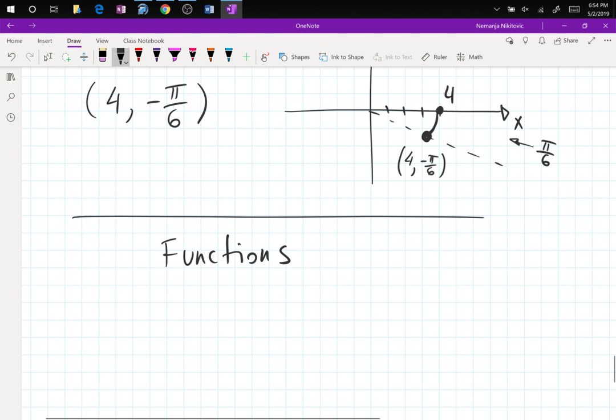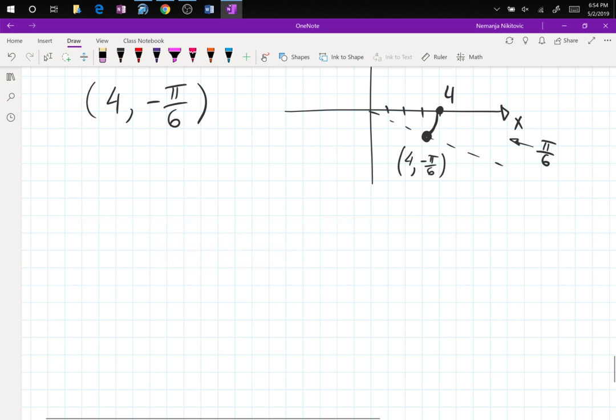Now that we are able to graph basic points in polar coordinates, so we know the way to locate a basic point. Oh, hold on. I forgot to give you the conversion between two realms.